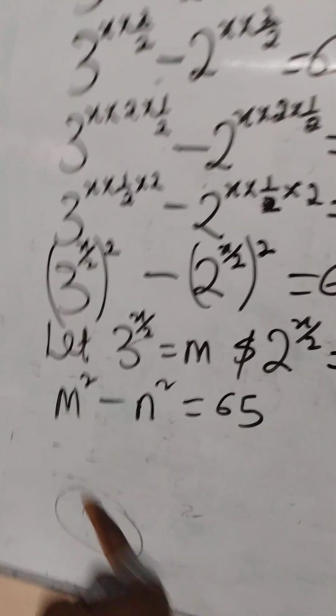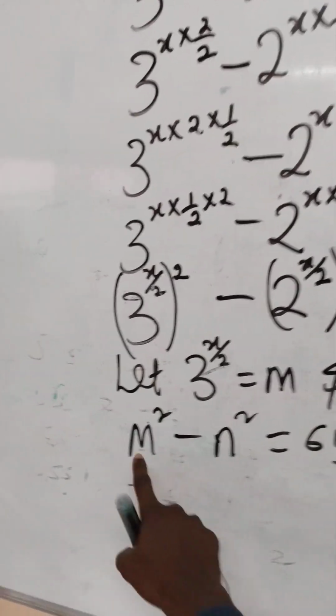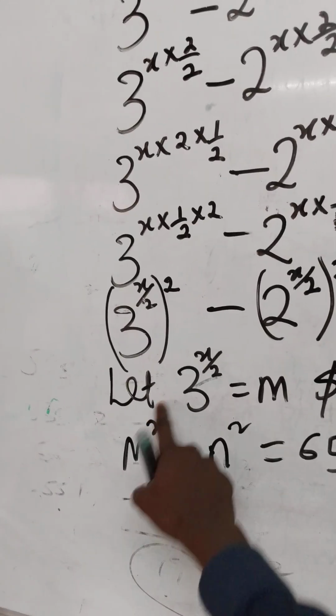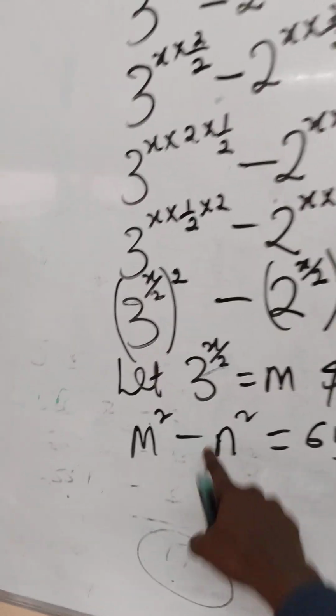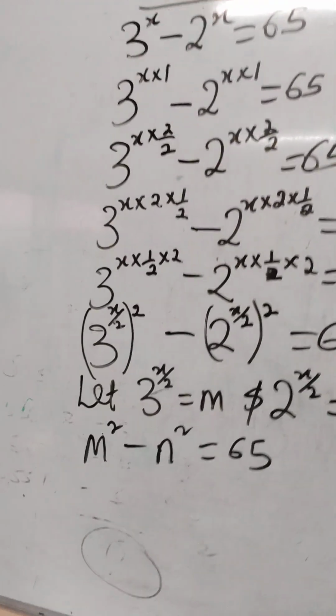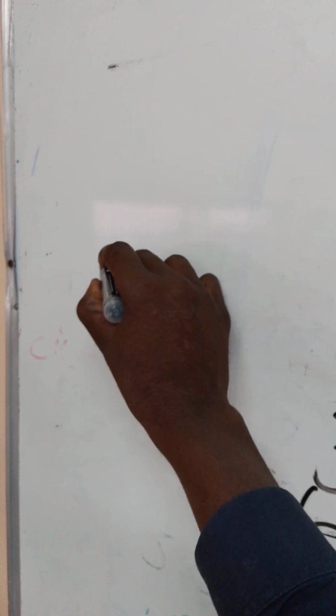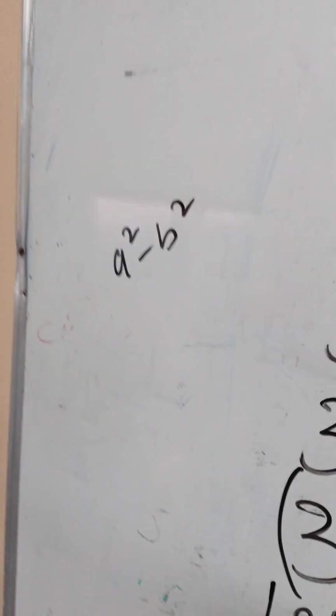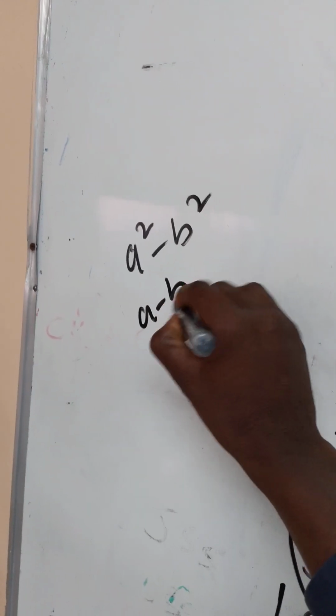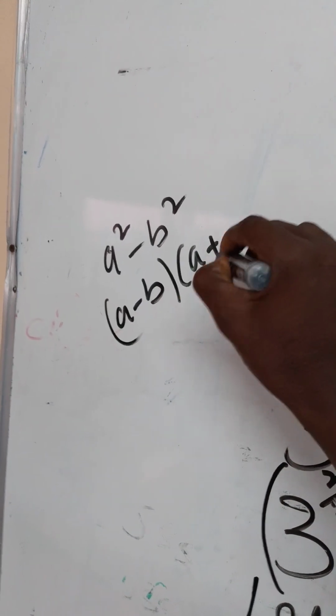If you have two numbers of power 2 separated by a subtraction sign, we call it difference of two squares. What do I mean? If you have something like a square minus b square, it's going to be a minus b in bracket, a plus b.